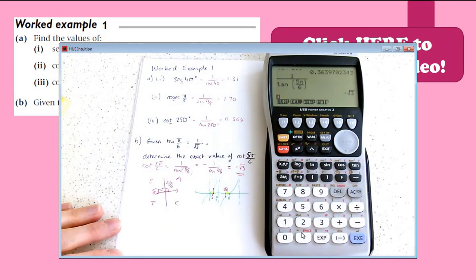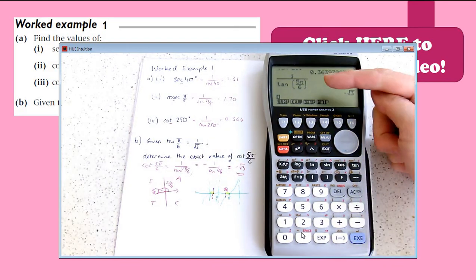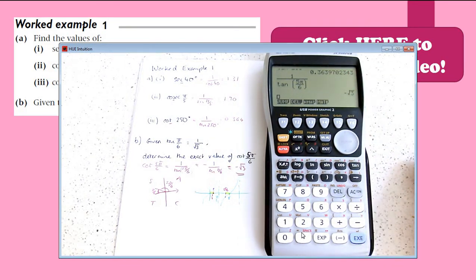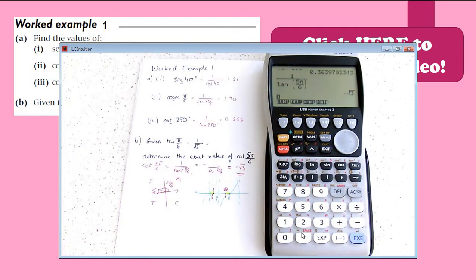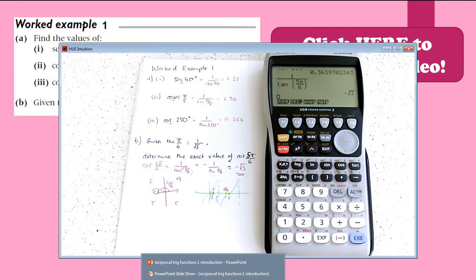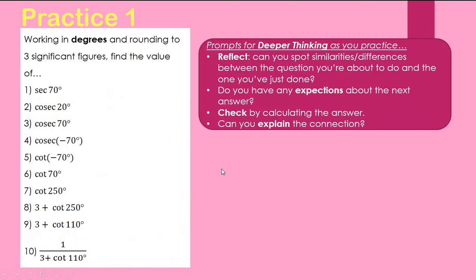And execute: negative root 3. So your calculators are great because they can work with exact values, but some of the older calculators wouldn't, and you'd have had to do it by hand. But it's brilliant that you're able to check. Okay. Switching back to the questions then. I'll just zoom through that. There we go.